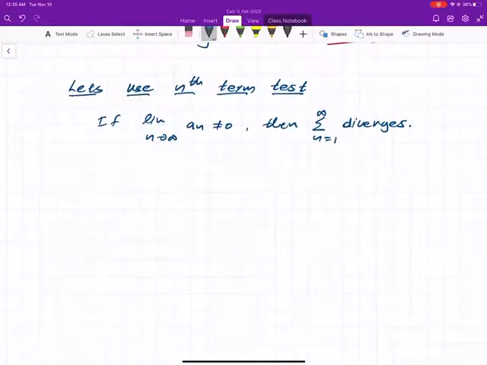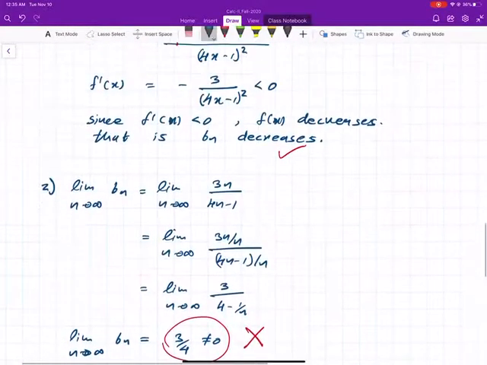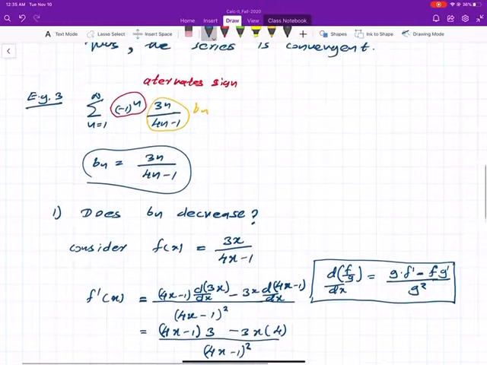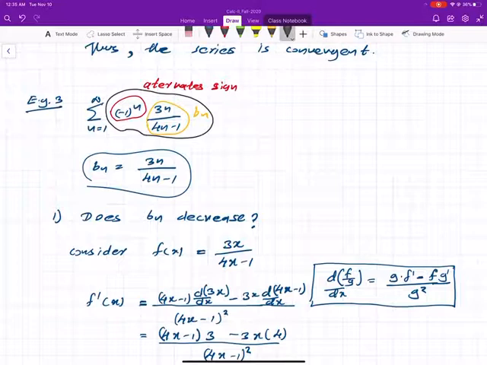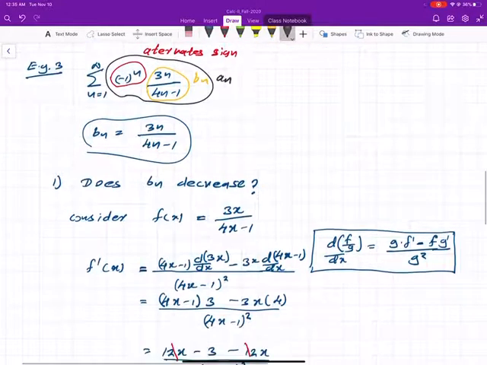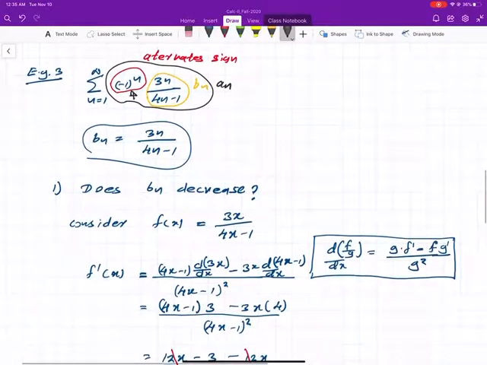Alright, now just work on this problem. Let's find what an is now. Our an should be this entire thing, including the negative parts, that means including the alternating parts.